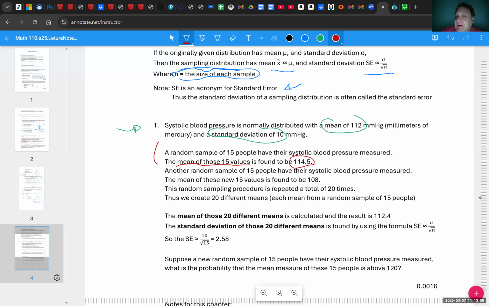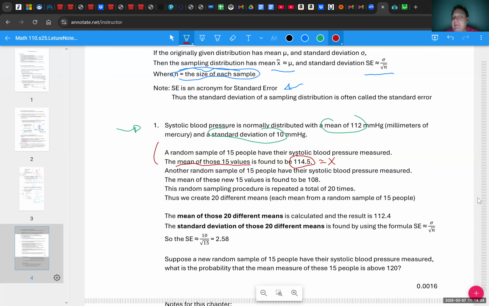So this right here is a mean, but it's going to be a value of X. Our variable in a sampling distribution is not going to be a direct measurement of the original distribution. It's going to be some sort of measurement or average of the sample we take. We take a sample of 15 people, we find the mean of those people, and we get 114.5. It's just an example.